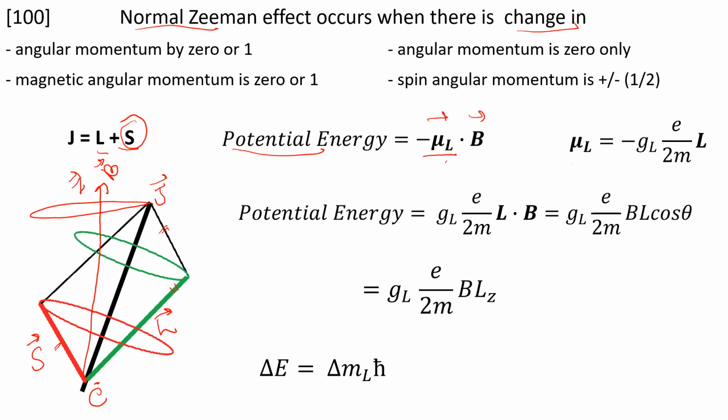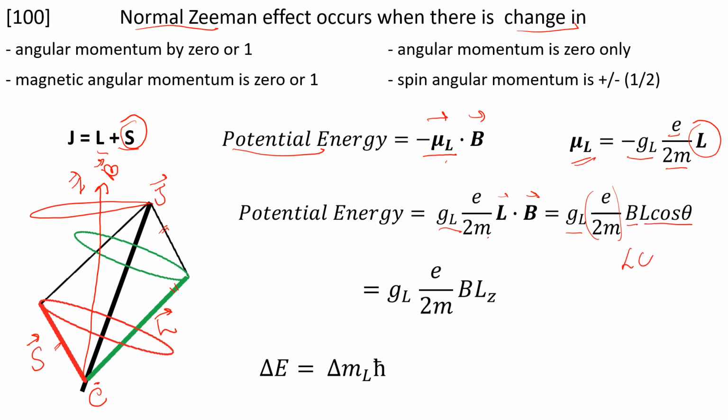And the magnetic moment mu L is nothing but minus g L e by 2m into L. Substituting this value in the potential energy, you get g L e by 2m into L bar dot B bar, which is nothing but g L e by 2m into B into L cos theta.